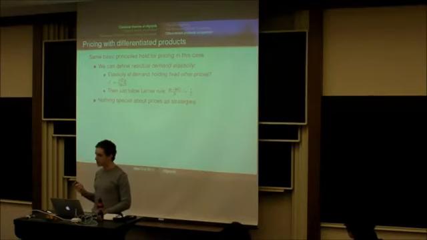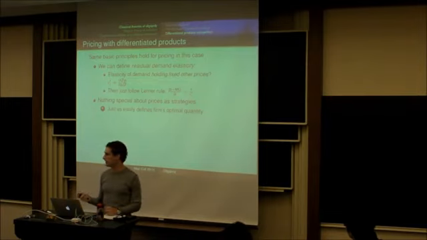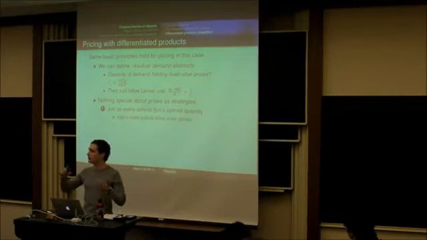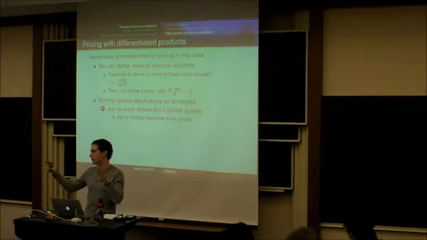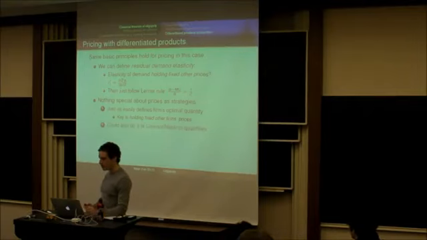And notice that there's really nothing special about strategies as prices. We could just as easily think of the firm as choosing its quantity here. The key point is that it's holding fixed the prices of all the other firms, not that it chooses its price versus choosing its quantity. We could also do this Nash in quantities.